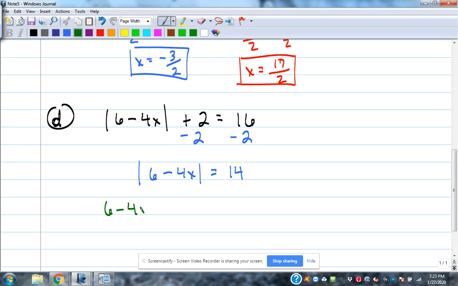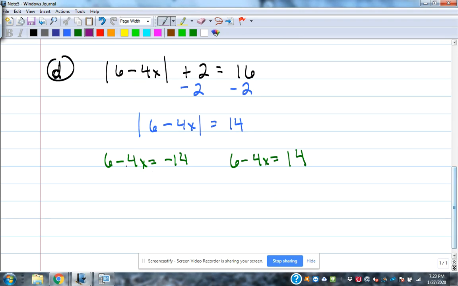6 minus 4x is equal to negative 14. 6 minus 4x is equal to positive 14. It doesn't matter if you put the negative on the left and the positive on the right. It doesn't matter what order you do that in. We're just getting 2 answers here. So what's our first step on this one? Subtract 6. Good job. Negative 4x is equal to negative 20.